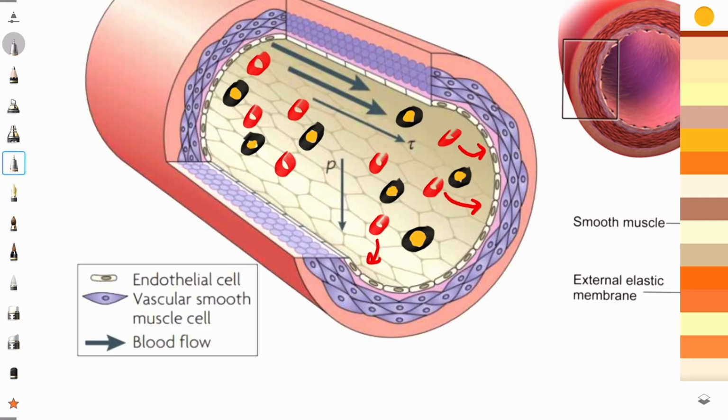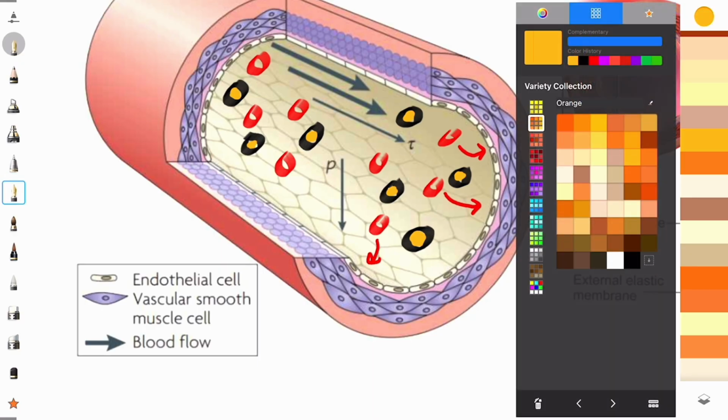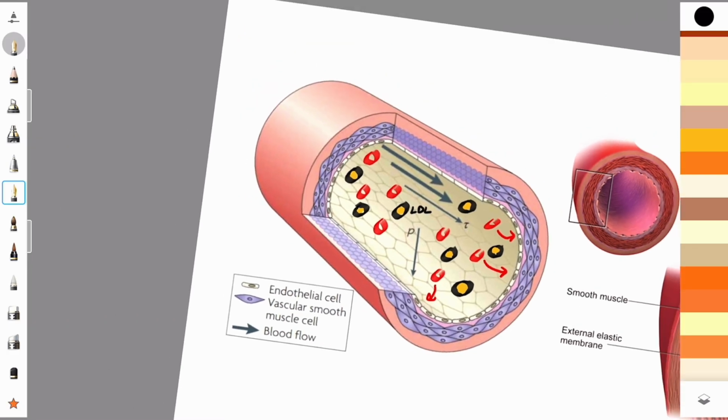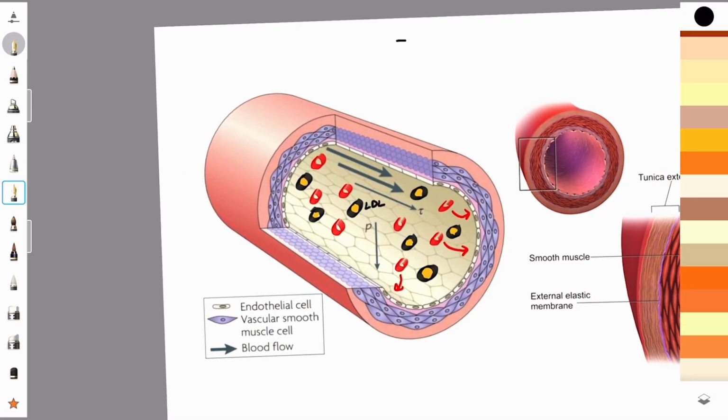Well, let me just label it for you. This is LDL, low density lipoprotein, right? We know that those came from the liver.